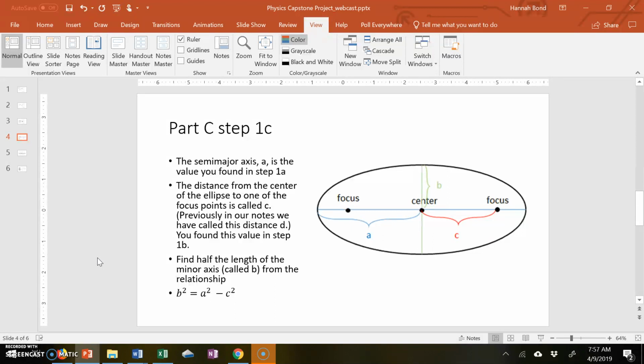That was the distance from the center to the sun. So the final parameter that you need to find is called b. It is half the length of the minor axis of the ellipse, and you can find it from the following equation: b squared equals a squared minus c squared.